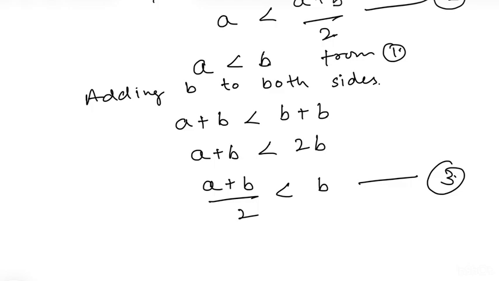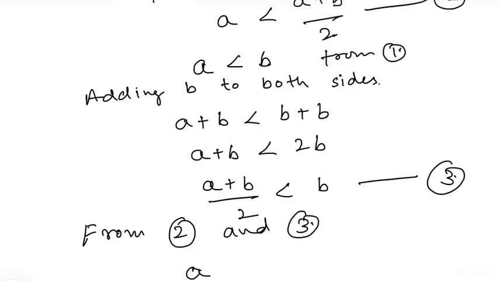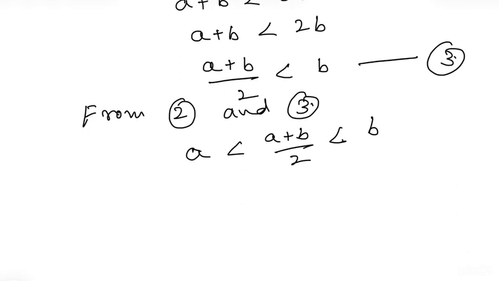Number 2 says a is less than (a plus b) by 2, and number 3 says (a plus b) by 2 is less than b. So from 2 and 3, a is less than (a plus b) by 2, which is less than b. See, 4 is less than 5 is less than 6.